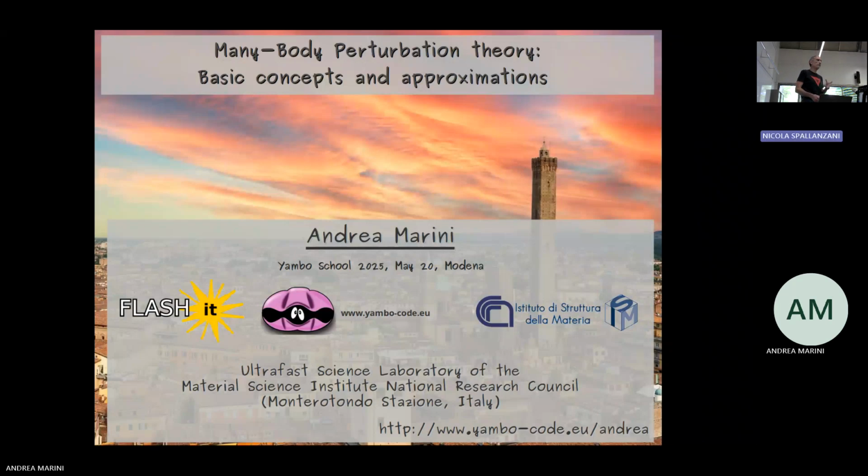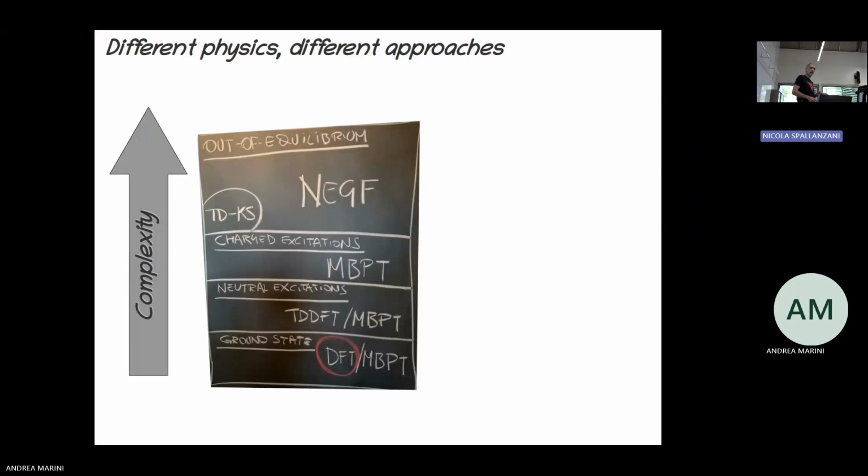So there is a complex galaxy of methods that deal with the many-body problem, ranging from density functional theory up to non-equilibrium density functional theory. There is of course an increasing complexity in mathematical terms, but what is important is that you pick the method that gives the object you're interested in.